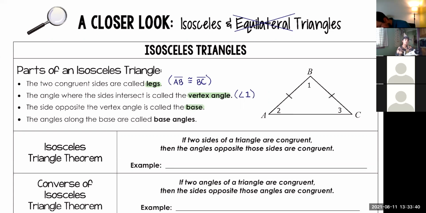So in this case, the base is the only side we haven't talked about yet, which is AC. And then the angles along the base are called base angles. So that was a really roundabout way to get to something that we're going to look at a lot, which are base angles, which in this diagram here are angles 2 and 3.